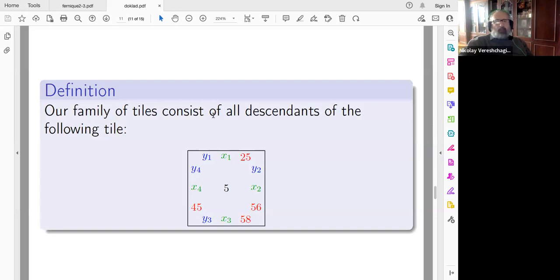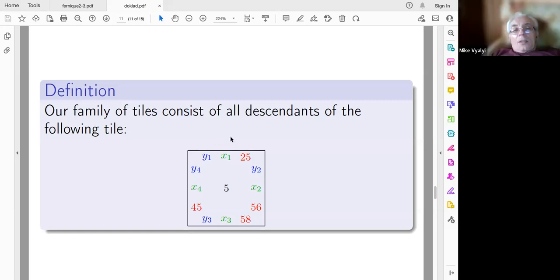By the way, I forgot to say that we allow our variables to be either elements of a specific set, which will be clear later, or just variables, just letters, x1, x2, x3. We allow both. But it means that you have many tiles of this form.